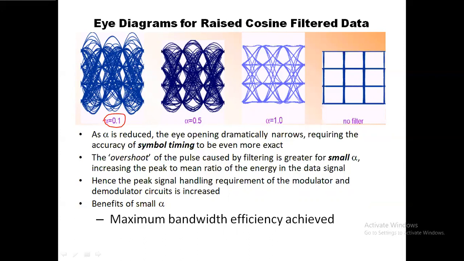You are seeing the overshoot of the pulse here. The overshoot of the pulse caused by filtering is greater for small alpha. So if we choose a small value of alpha, we have to bear these overshoot values. You are not seeing any overshoot here for higher values of alpha, and in the ideal case, there is no overshoot.